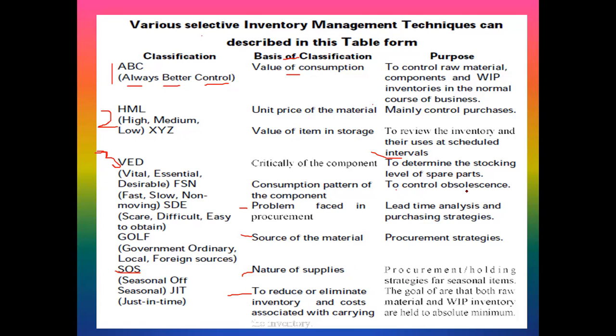So what is the meaning? How does it control? Whatever things are not existing, whatever things are not being used, how to control those things? For example, if you see obsolescence, take the pen drive versus the disk.